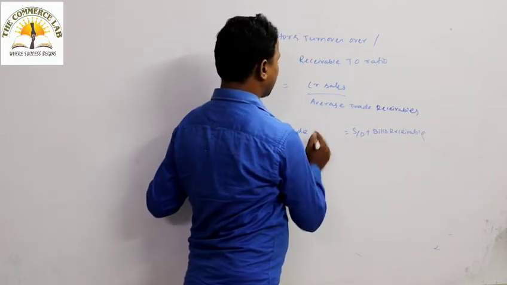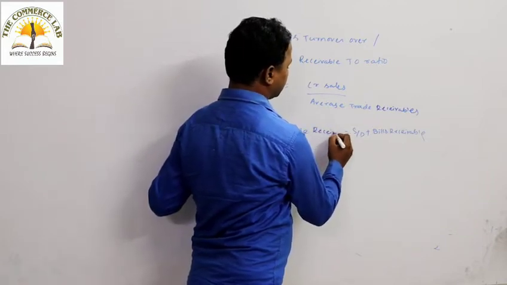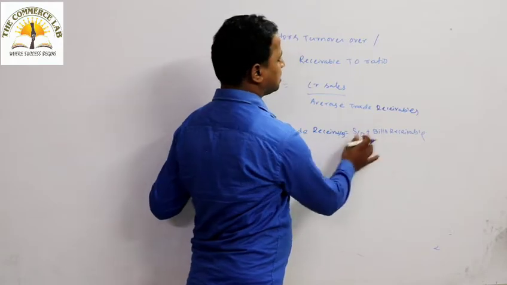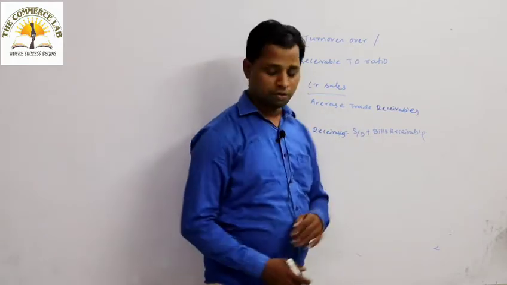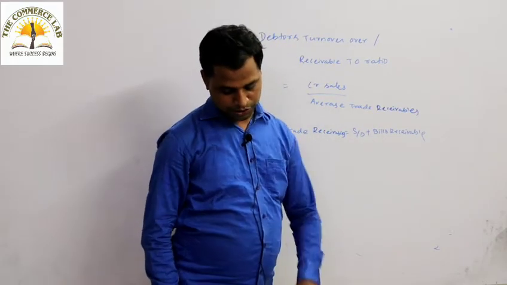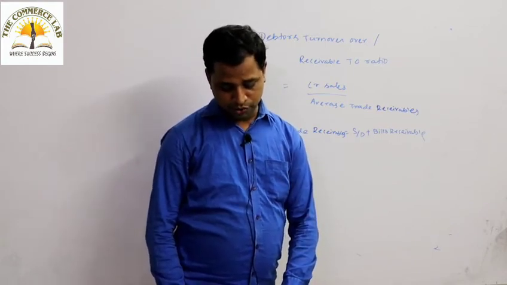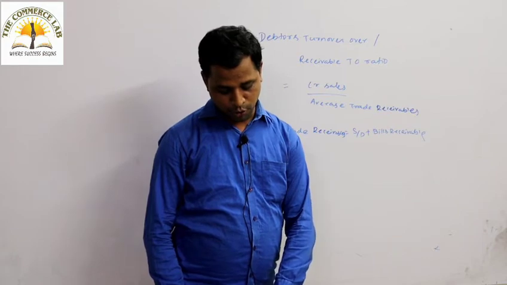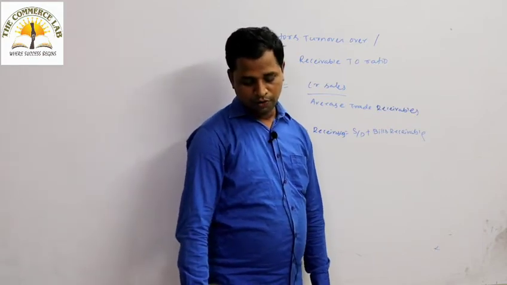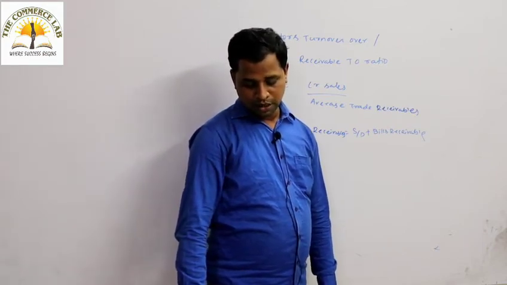So trade receivables, how to calculate trade receivables? That is bills receivable plus sundry debtors. With this formula you can calculate. Always remember, trade receivables should always be taken at gross value. No provision for bad and doubtful debts should be deducted.